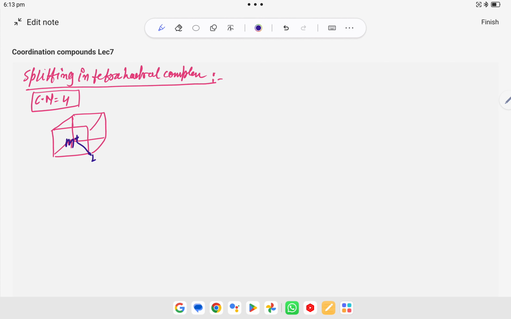Ligand, that is x-axis, here y-axis, and here z-axis. Ligand will approach here and ligand will approach here. It will approach here. So 4 ligands will approach, a tetrahedral arrangement of ligands. Okay.